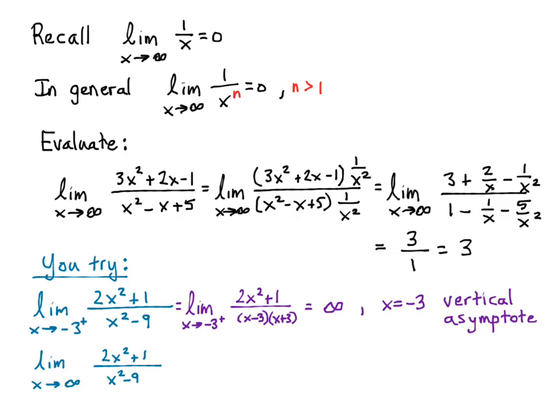Because if we have that asymptote at x equals -3, we're going to come in this direction from it. We know that the 2x² + 1 is going to be positive, right? And then this factor here, x - 3, since x is always going to be a little bit greater than -3, is actually going to be negative.